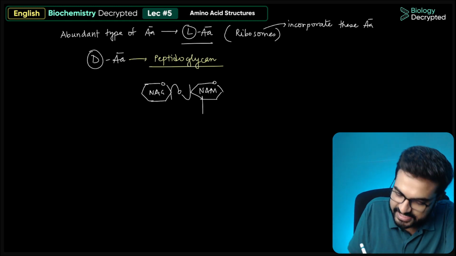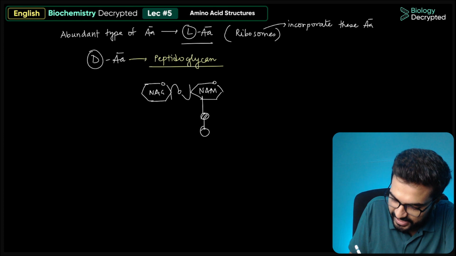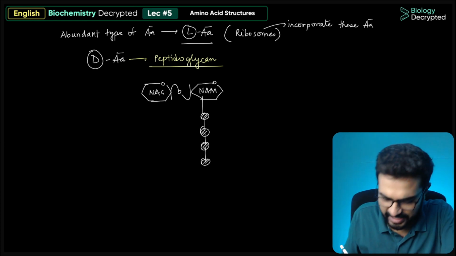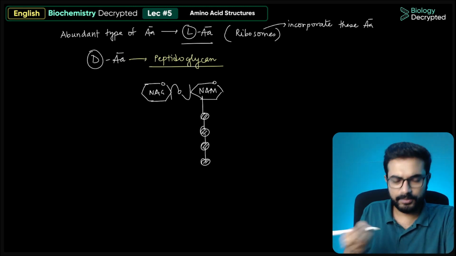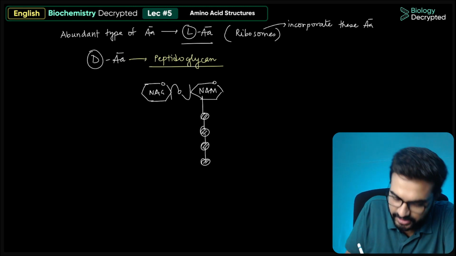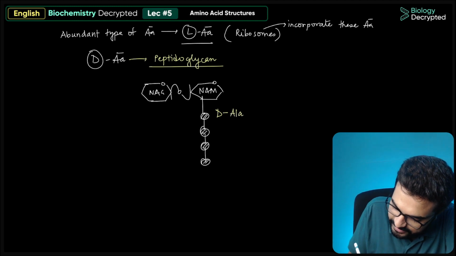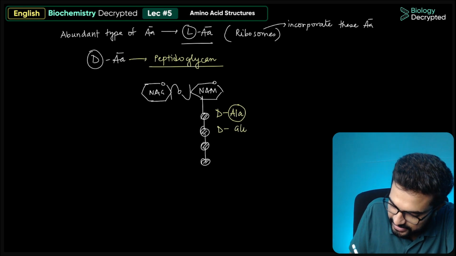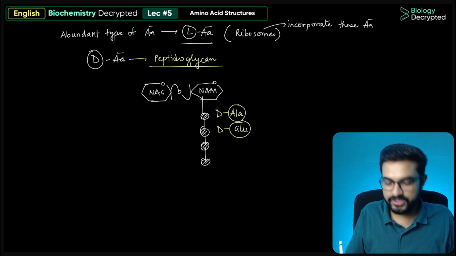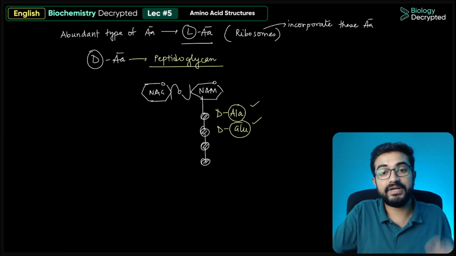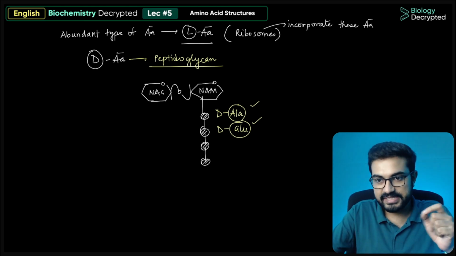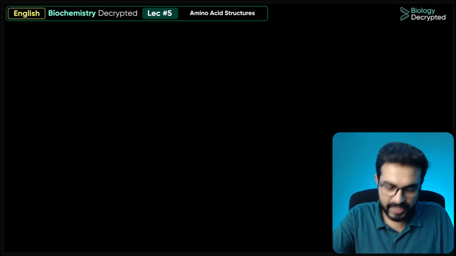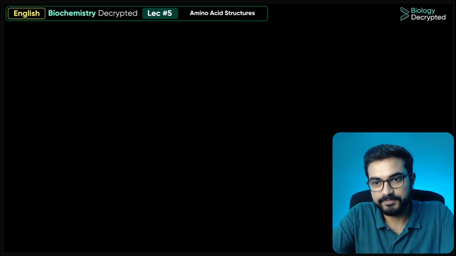To this N-acetyl muramic acid, we have a tetrapeptide, or in some cases pentapeptides. If you talk about E. coli, for example, in this tetrapeptide you find D-alanine, then you find D-glutamate. This is how you find different types of D amino acids. L amino acids are generally found, but D amino acids, even though rare, are found in biological systems. Now let's move forward.